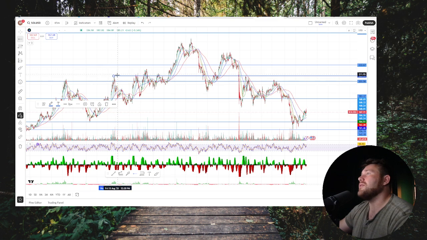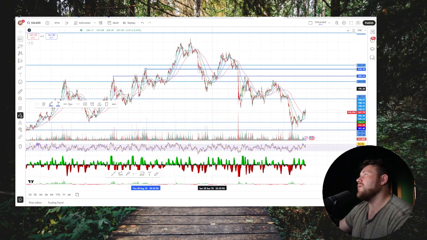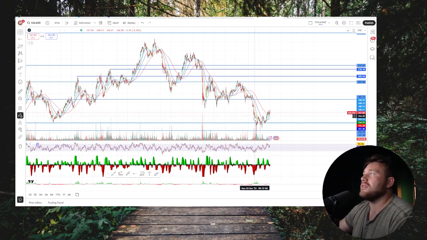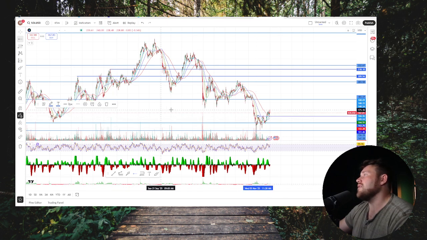Okay, so here's your clarity on the smaller time frame. And we've also got some really good clarity here as well. In the shorter-term price action, you've got some clarity here. Looks like this is your major level to hold for this to climb higher.